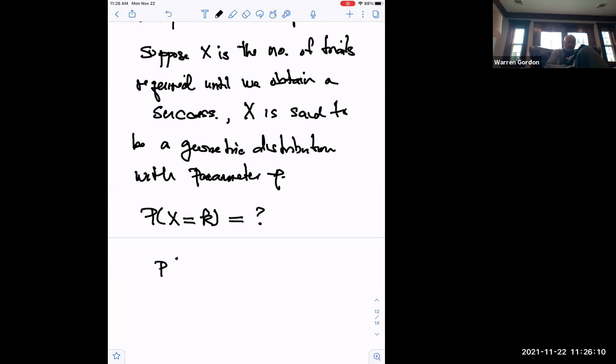So we must have the probability that X equals K. Since they're all independent events, we got K minus 1 failures, and then we got success, P, K equals 1, 2, and so on.